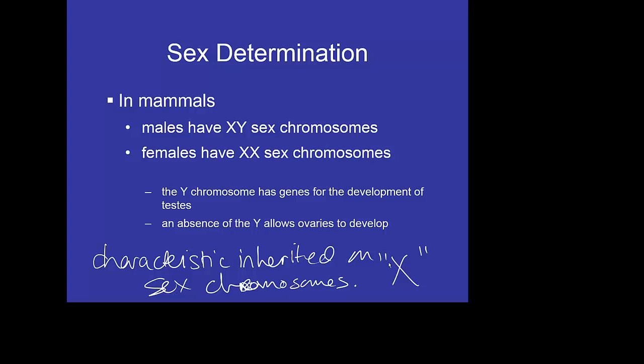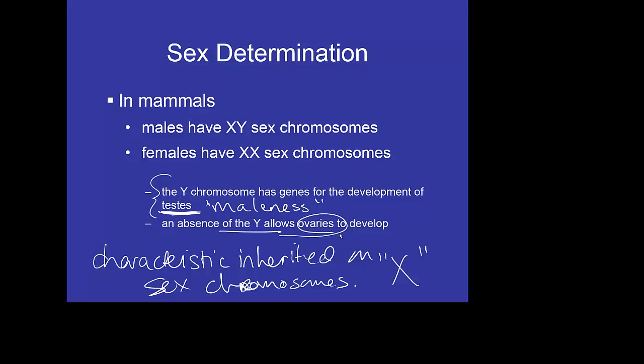Why? No offense, guys, but the Y chromosome is very, very small. Really, the Y chromosome is carrying information in mammals just for the development of testes, maleness. In the absence of that Y, there are no testes, so ovaries will develop.